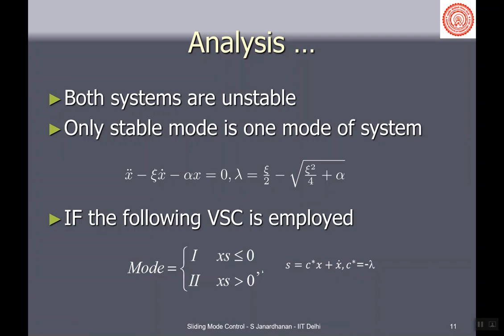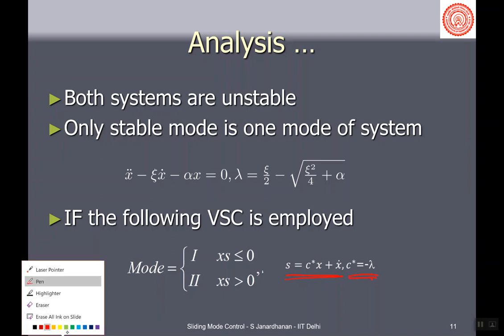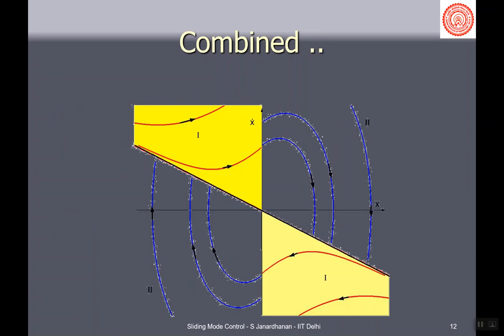Let's say that you are employing VSC, with the choice that mode 1 is when x s is less than or equal to 0, and mode 2 is when x into s is greater than 0. But what is s? S is this particular line. S is c star x plus x dot, where c star is chosen as minus lambda. Okay, so let's look at it in a diagrammatic fashion.